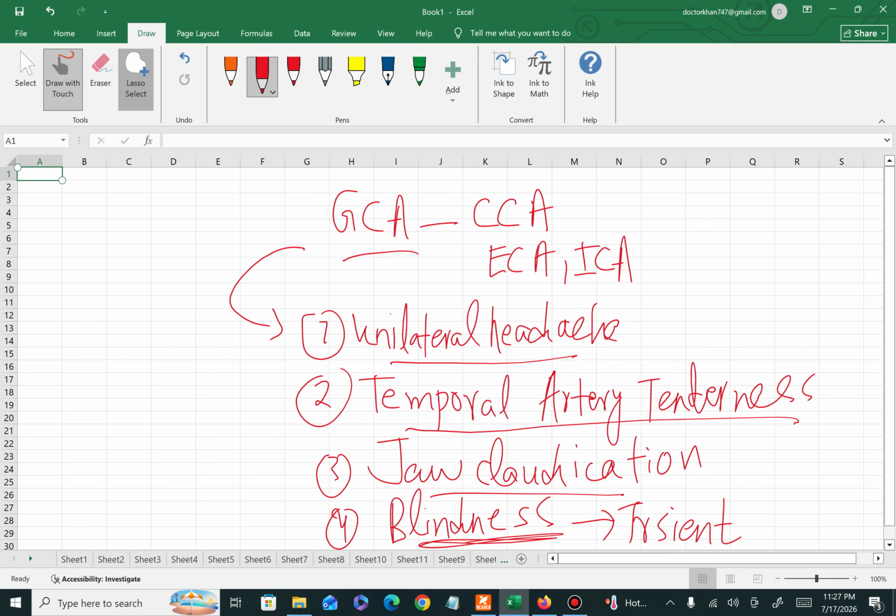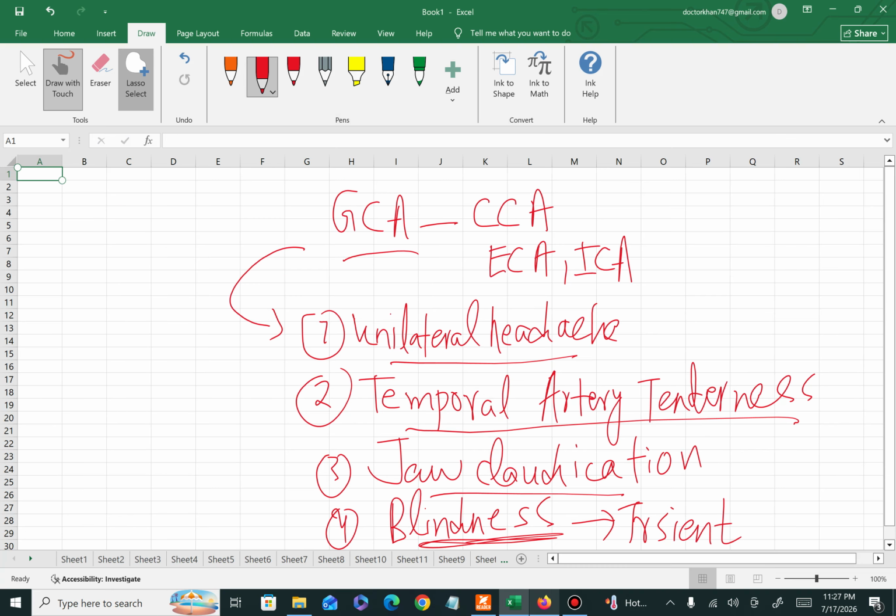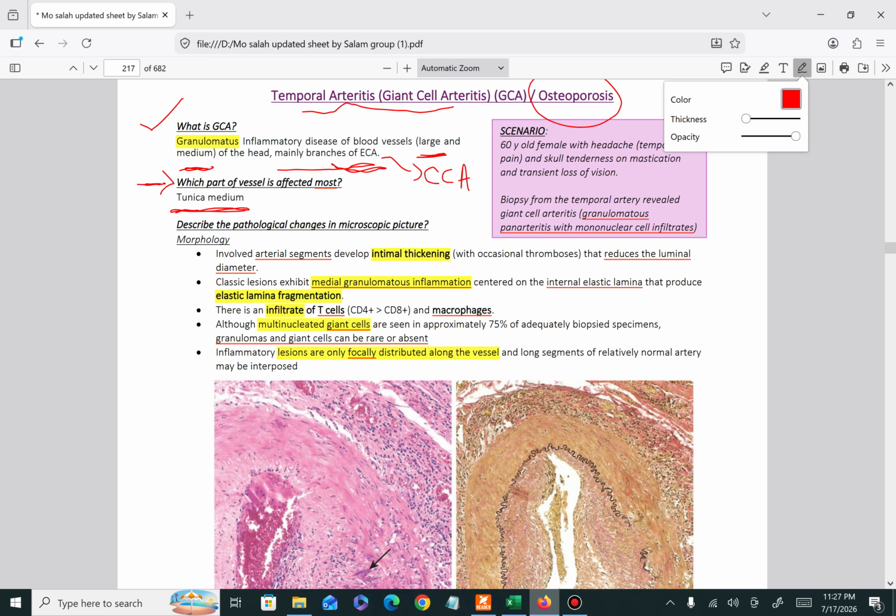Okay, so those are the clinical features, and it affects mostly females. Okay, it affects mostly females greater than 50 years of age. Okay, so that is giant cell arteritis.